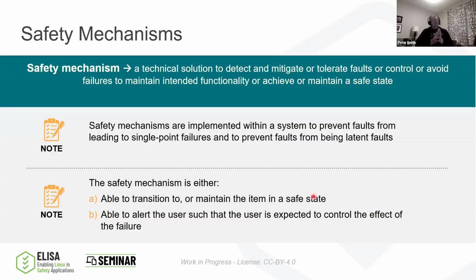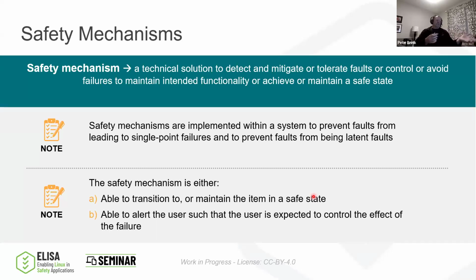Safety mechanisms, I talked about these a little bit. A safety mechanism is basically a technical solution to detect and mitigate or tolerate faults, or control or avoid failures to maintain intended functionality or achieve or maintain a safe state. I know that's a mouthful, but basically what it's saying is that in the event of a fault or a failure, we have to do something, either to prevent that fault from expressing itself as a failure, or to put the system into some kind of degraded mode so that it prevents that situation from occurring.